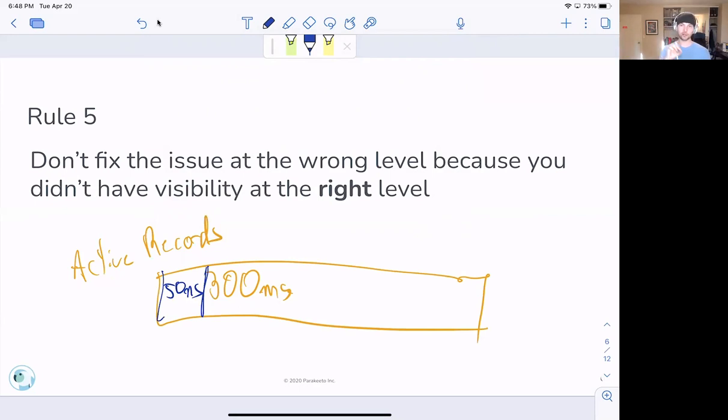And it's because the monitoring was at the wrong level. This is really tough. It's often a whole suite of different tools that you need to get visibility at all these different levels. And then to figure out where the issue is actually happening can be really challenging.